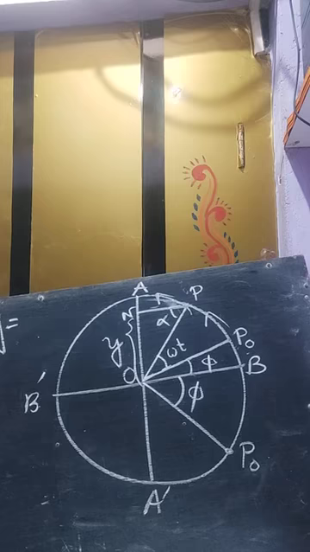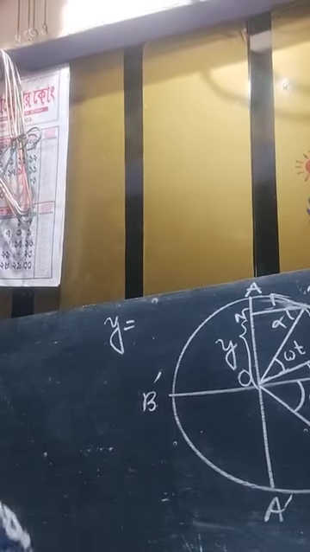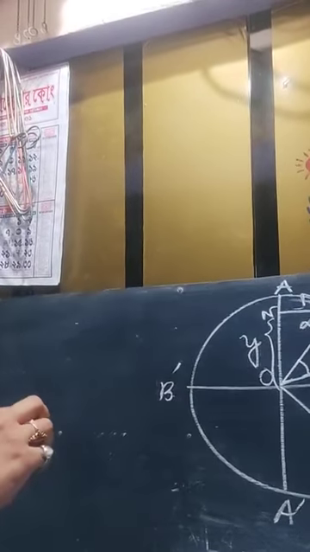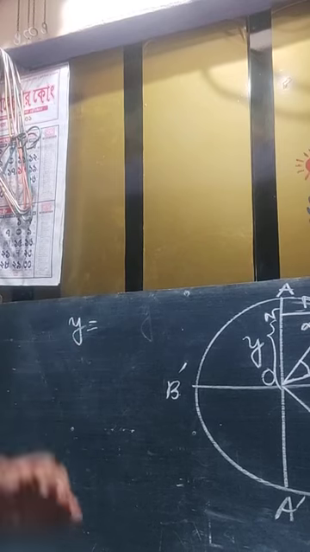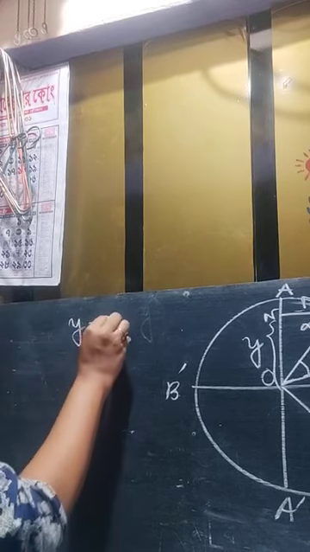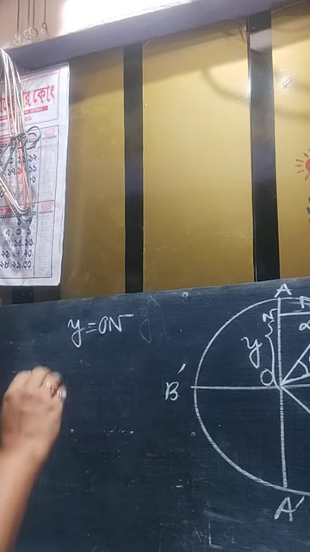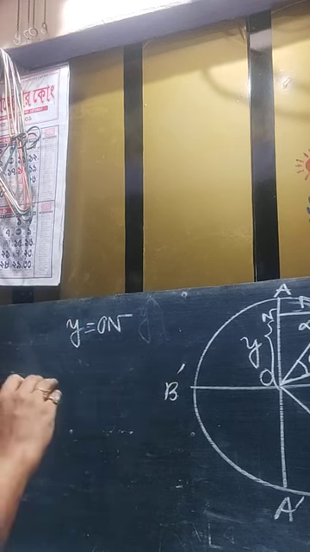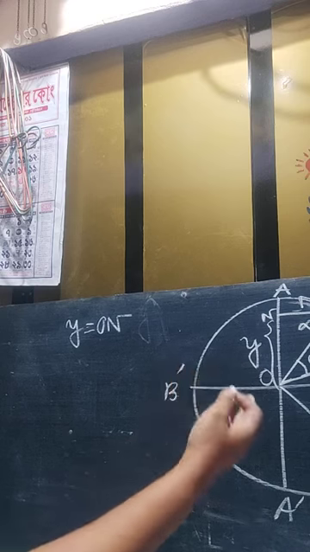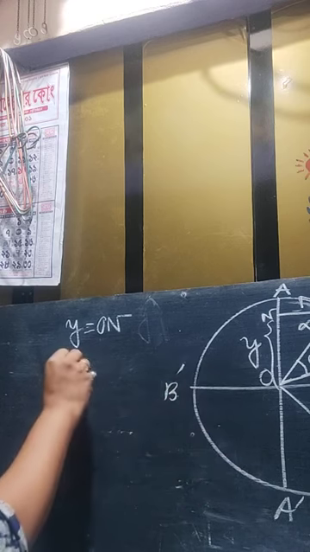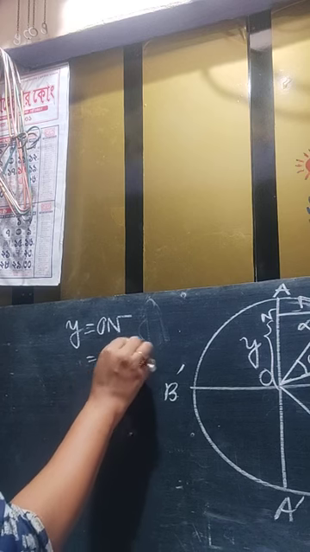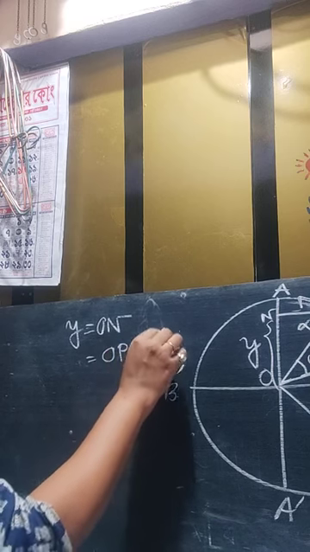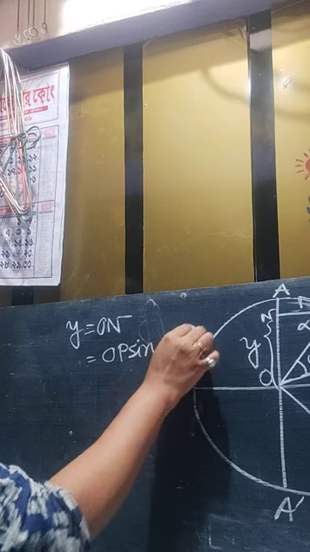So y, the displacement of N from the equilibrium position O after a time t, will be given by OP sine of angle POB.